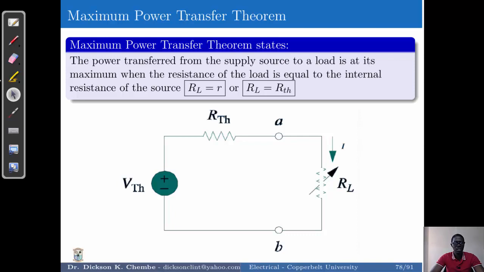This implies that the load resistance must be equal to the internal resistance of the source, or in other words, the load resistance must be equal to the Thevenin's resistance. So when the Thevenin's resistance is equal to the load resistance, then the power that we have is at its maximum. How do we tell this?